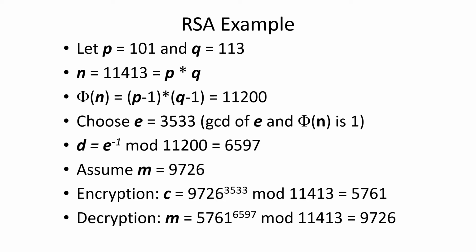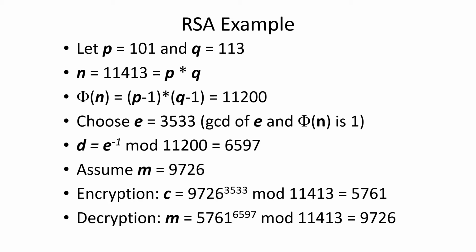Now you might recognize that a relatively large number raised to a very large power is going to be a huge number. Fortunately, you can mod it after every time you multiply. So basically, you're going to multiply 9726 by itself 3,533 times. And after every multiplication, you can do the mod in order to shrink it down so it doesn't get too big.